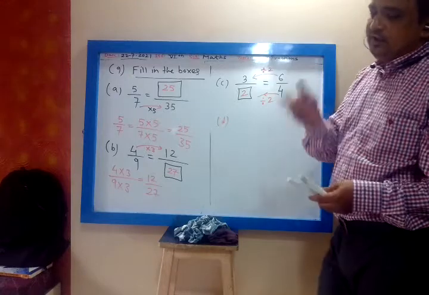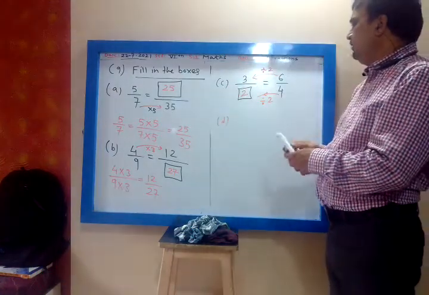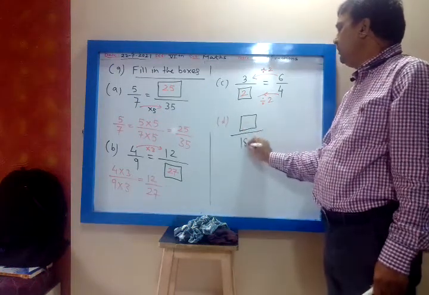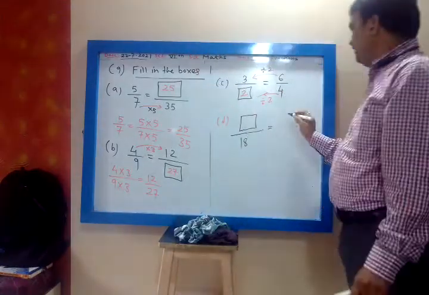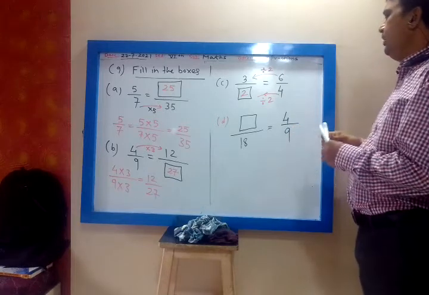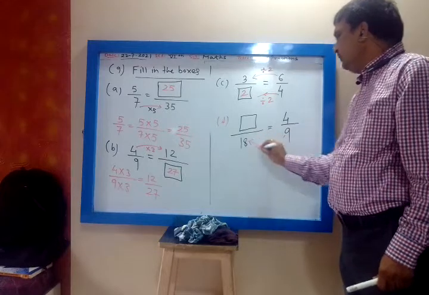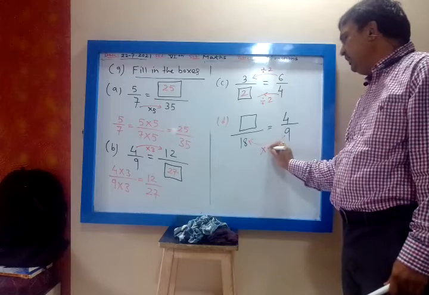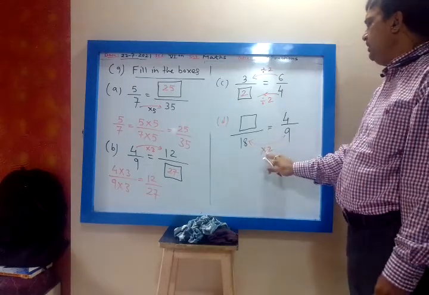We have to divide. Absolutely correct. So C: box upon 18 is equal to 4 by 9. Not always divide. Now see this, 9 becomes 18 when we multiply by 2.